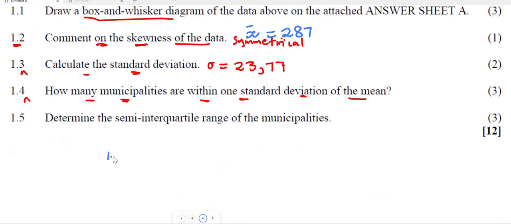Remember, I said when it is within one standard deviation of the mean, you must consider the mean minus one standard deviation, and then another part, the mean plus one standard deviation. So the other part is going to be one standard deviation being added.